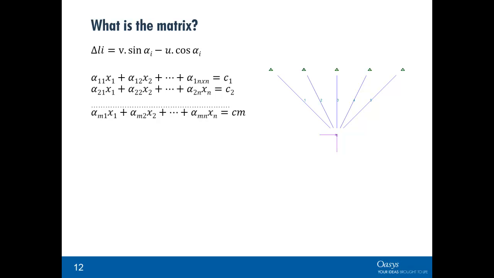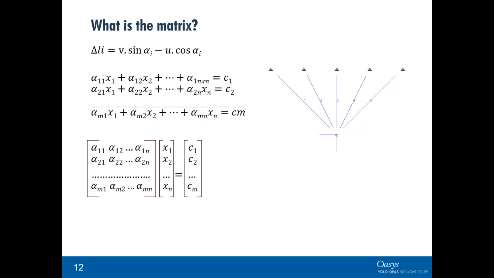Now, if we look at a more general structure, we can maybe describe the structural stiffness as being a series of simultaneous equations, and a major part of the FE analysis is the solving of these simultaneous equations, and it generally does it by making them into a matrix form.